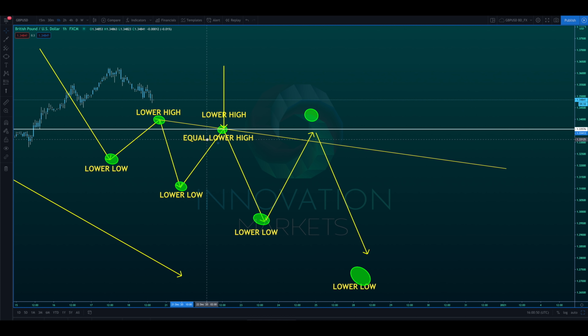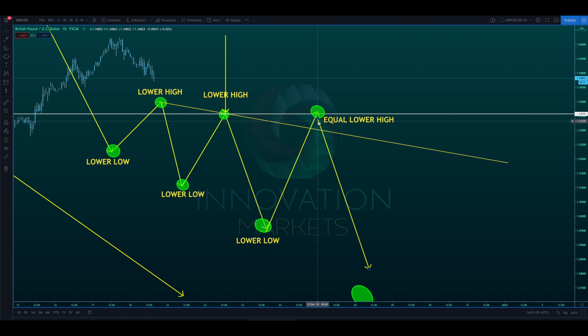So here price comes up, and it doesn't happen as often in a trending market, but often it does happen a lot, that price will come up and hit an equal lower high. So it'll come here, you can see this horizontal line, price will come up and make an equal lower high, just as you can see here, and then price will reverse to the downside. So then when people are in this area, highlight this whole area, looking at taking buy trades in the opposite direction, because people think, okay, we've broken a trend line, now it's time to take a buy trade.